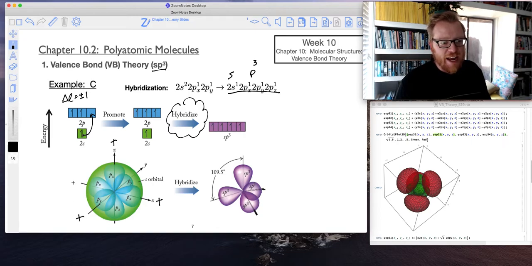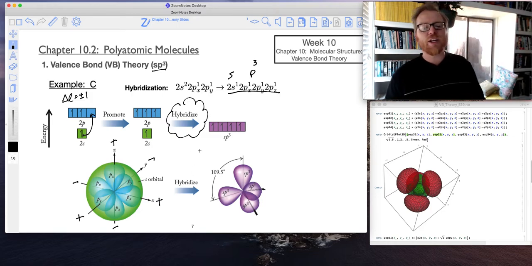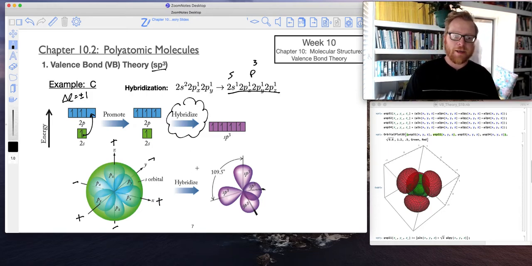We also know that there's negative regions: the negative x, the negative z, and the negative y. All of those various regions will interfere constructively and destructively to result in this new hybrid orbital shape that we all know and love as the sp3 with the 109.5 degree tetrahedron bonding arrangement.